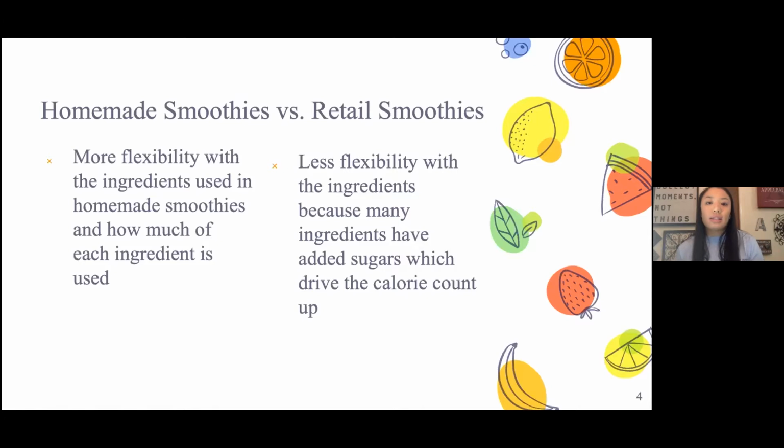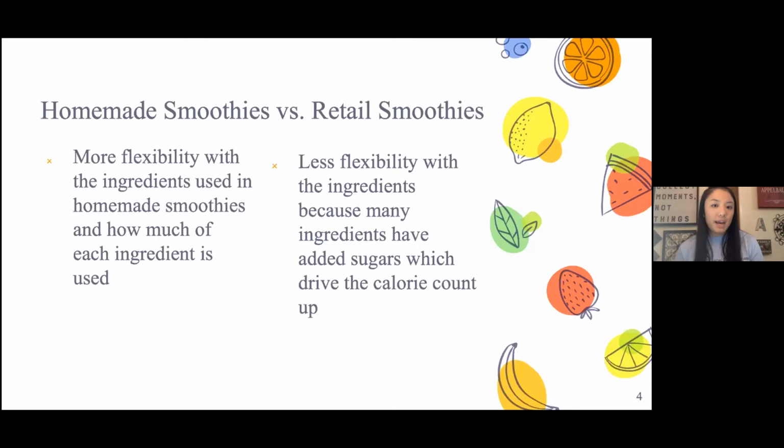And a lot of times you're able to pick more natural ingredients. So with natural ingredients, that's like fresh fruits, fresh vegetables, and things like that. And you can also choose how much of the ingredient is put into it. So oftentimes homemade smoothies are lower in sugar or they're made with more natural sugars.